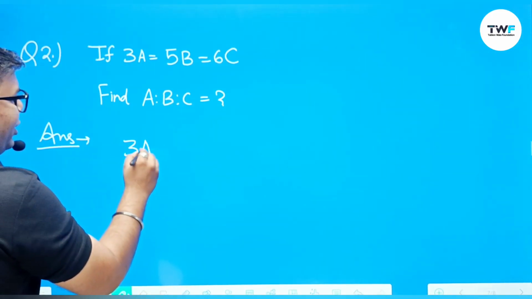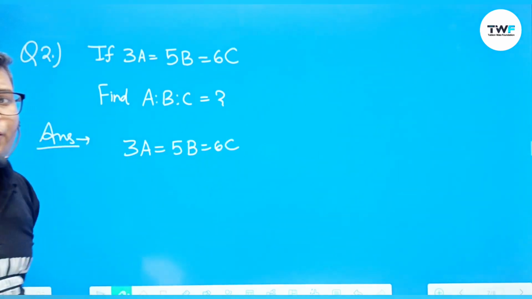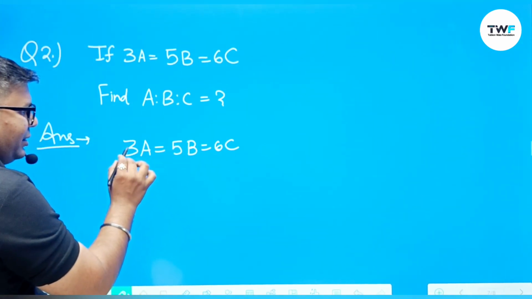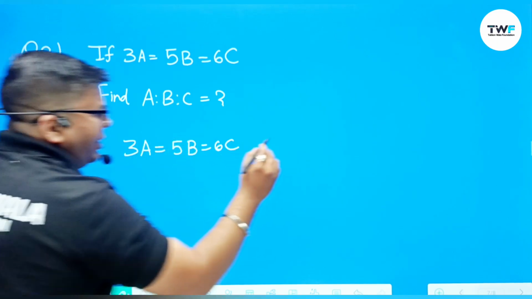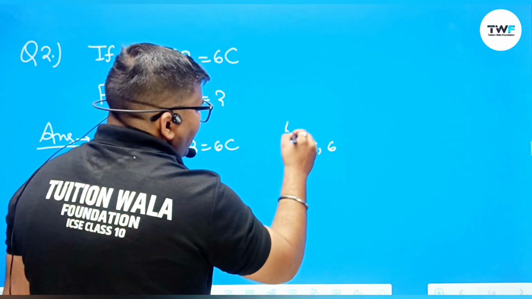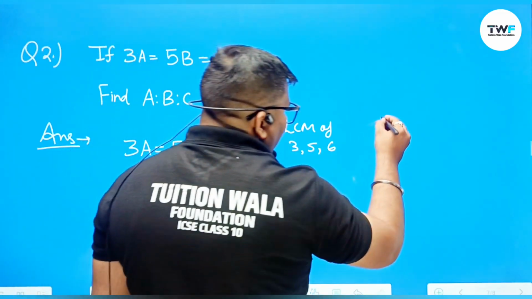As you know, 3a equals 5b equals 6c. First of all, take the LCM of 3, 5 and 6. How can we find it?